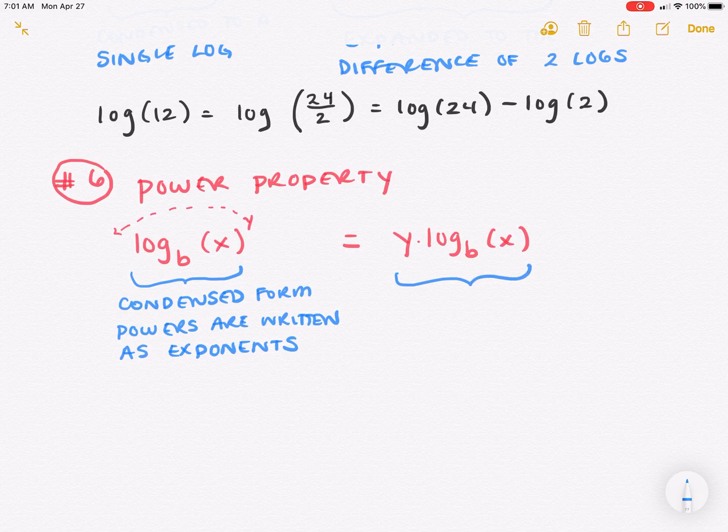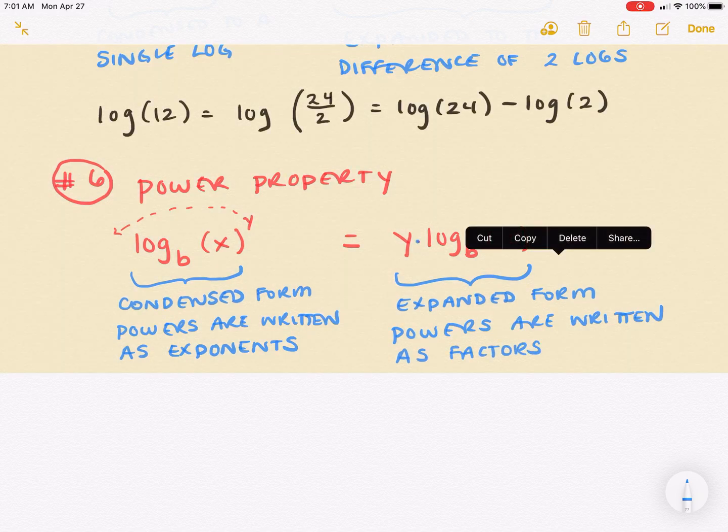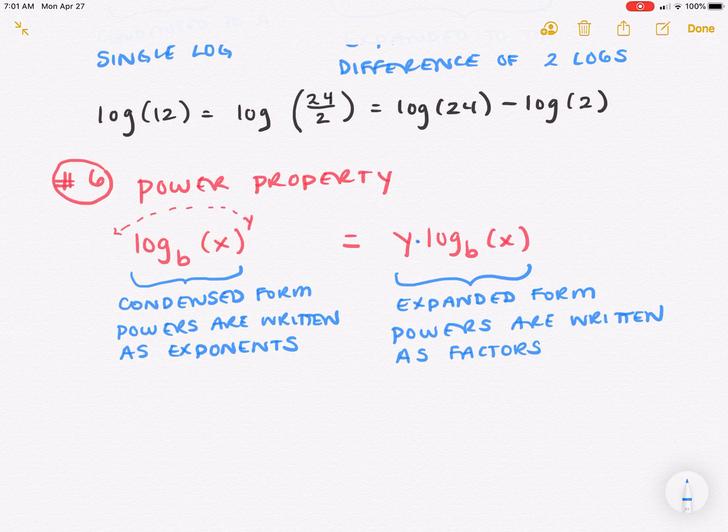But this is important, for terminology's sake, this is what expanded form is considered, where the powers are written as factors. And when I say they're written as factors, that's assumed to mean that they are written as multiplication factors. So you'll see that in the directions where they might say, write powers as factors, and that's what that means.